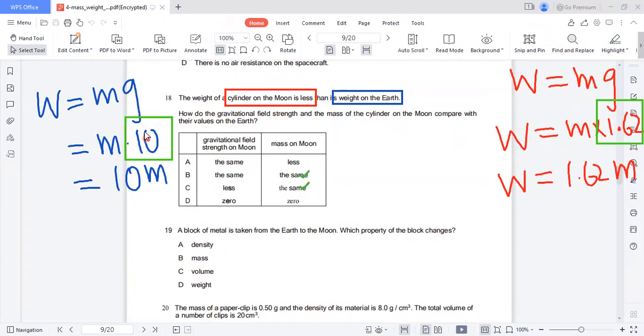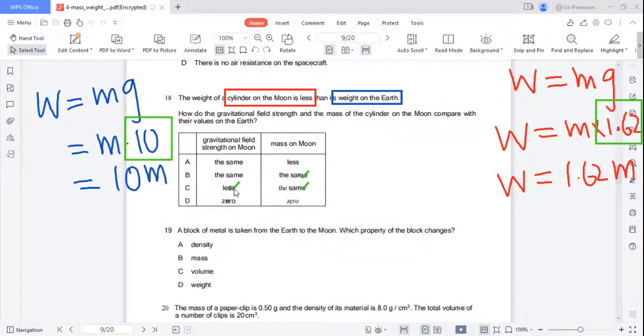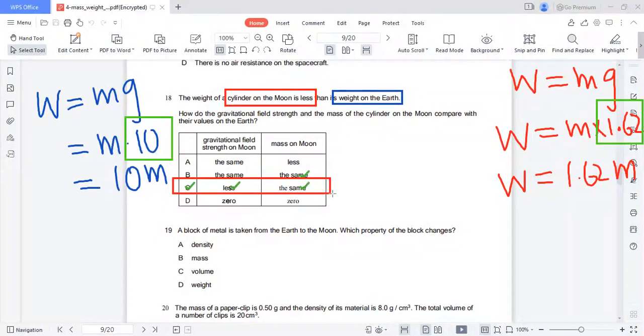Gravitational field strength is 10 on Earth, and 1.62 on the moon. So gravitational field strength on the moon is less than on Earth. So this is our possible option. Okay.